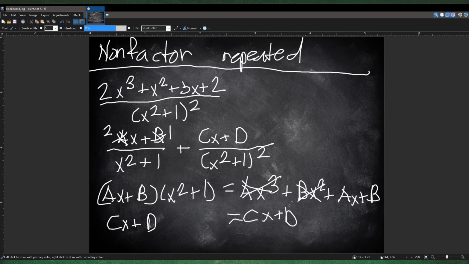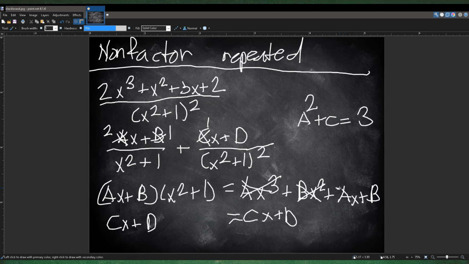And now we have to say a plus c is equal to the linear term, which is 3. We already got a, which is 2, and we already got b, which is 1. So a is 2, so c has to be equal to 1, which makes sense, because now it's a 3.